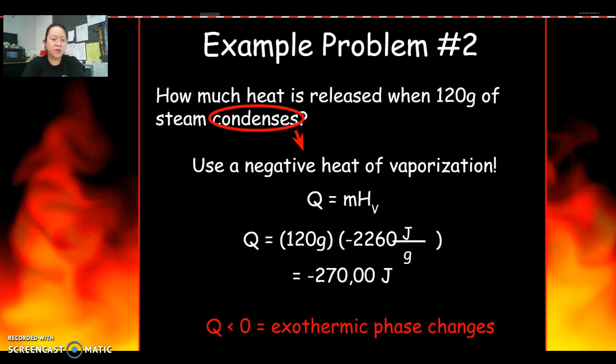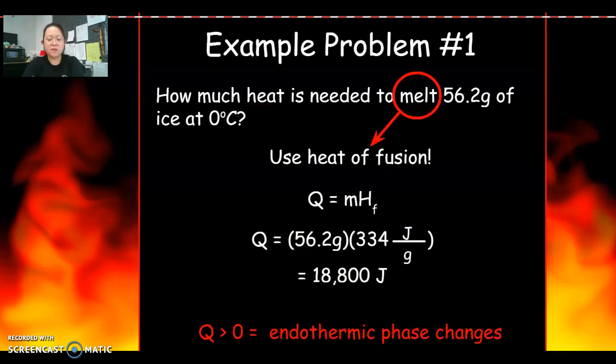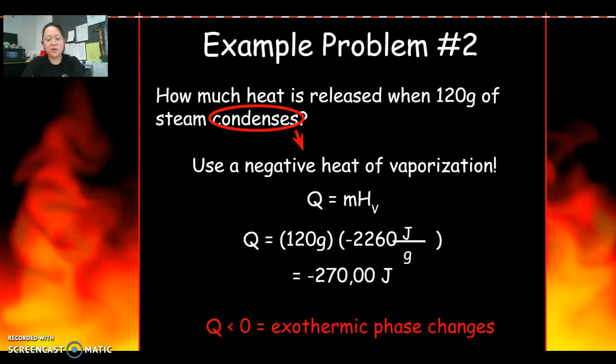So we'll go into the ideas of endothermic and exothermic later on, but something to keep in mind is that for endothermic processes, they are absorbing heat energy. And usually the heat will be a positive number. For exothermic phase change, for exothermic anything, it is going to be releasing heat. And that's why it's a negative number, because the negative just means you're releasing it.